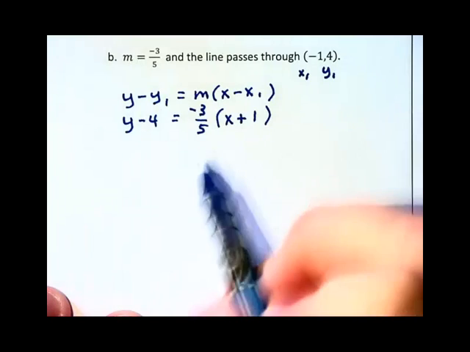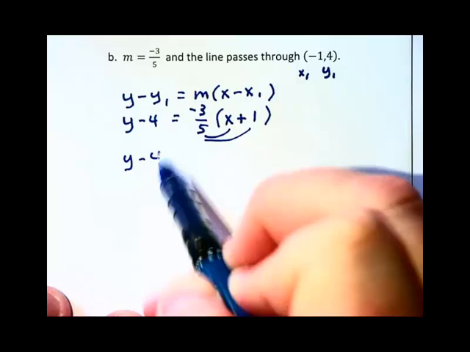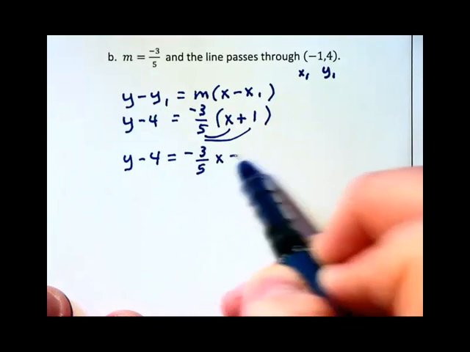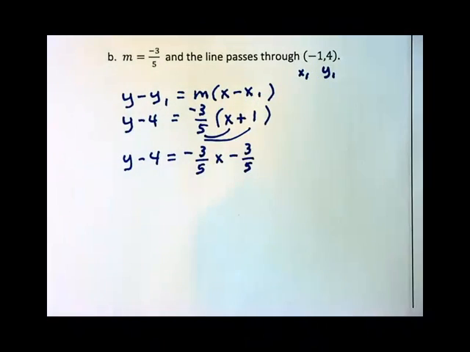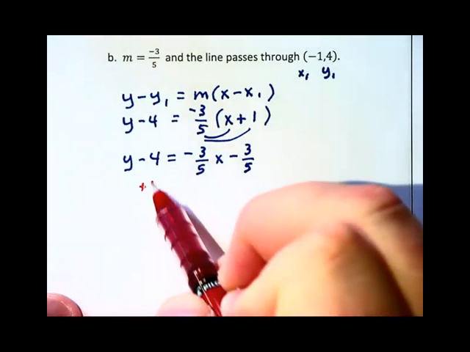Now all we need to do is distribute. That gives us y minus 4 equals negative 3/5 x minus 3/5. And then we want to isolate the y, and that would mean add 4 to both sides.